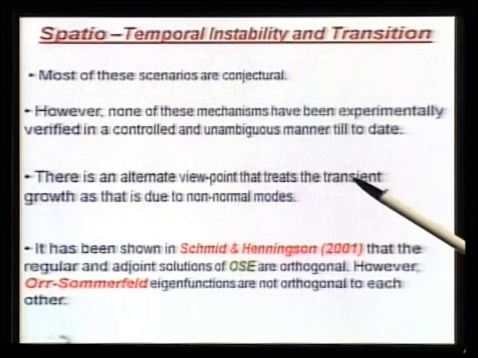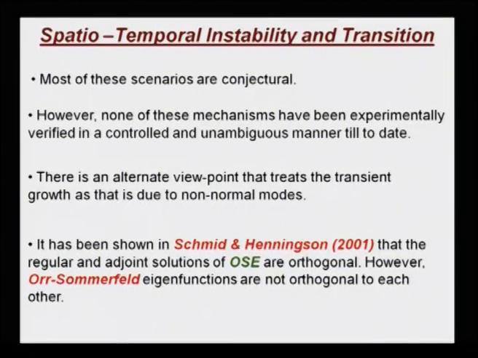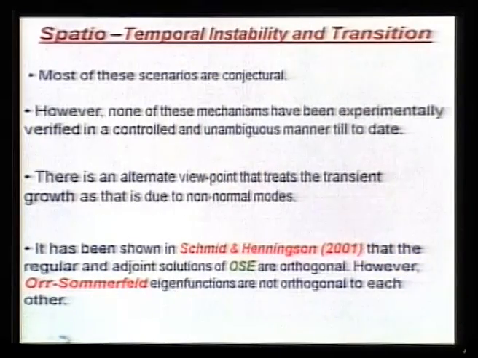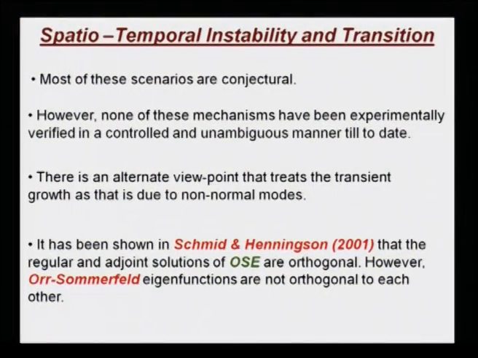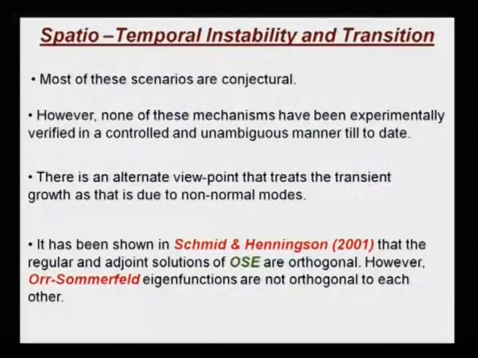There is of course the alternative viewpoint that this algebraic growth could occur due to the presence of modes which are really not the normal modes that we obtain from the solution of the Orr-Sommerfeld equation. They are basically the non-normal modes, right?